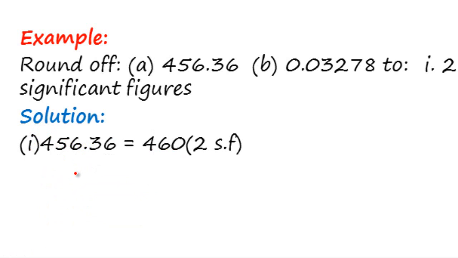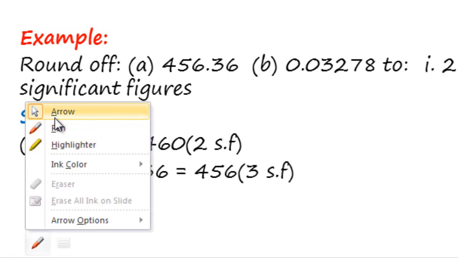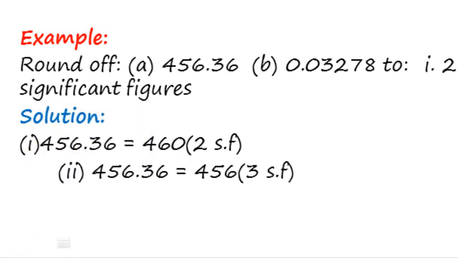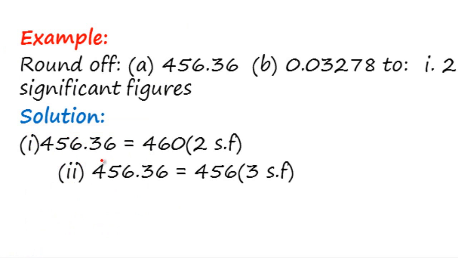Now let's move on. For 3 significant figures, you are going to count 3 significant figures from the left, that is from the first non-zero number, and you count 1, 2 and 3.